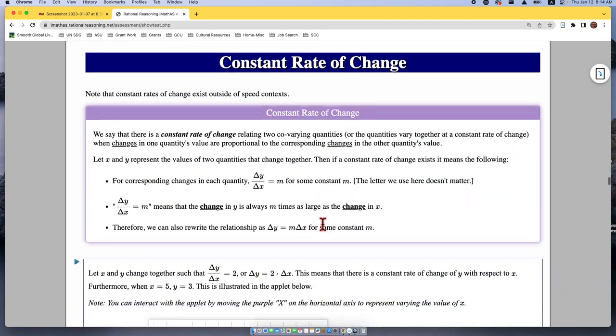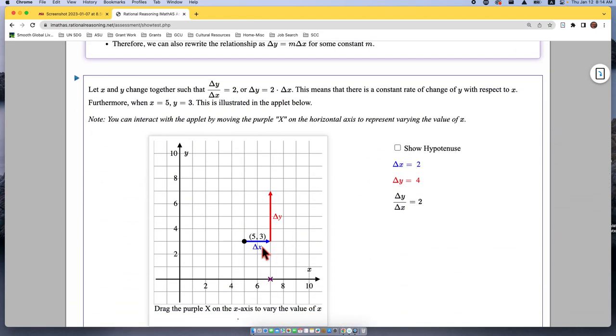As we get rate of change, there's this little X mark, so you can see what's happening when you have a constant rate of change. The other thing you can do is use this little box to show the hypotenuse, so you see that a constant rate of change ends up being a linear relationship.